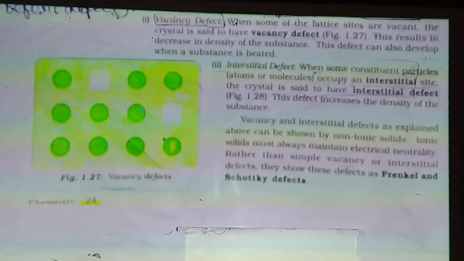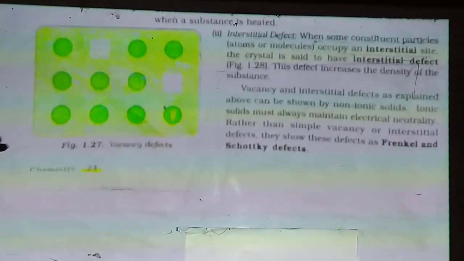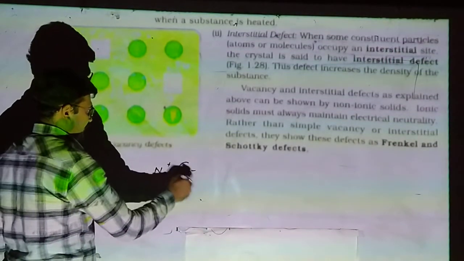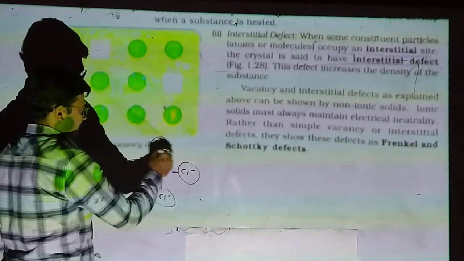Only if your compound is non-ionic do vacancy and interstitial defects occur in it. If your crystal is ionic, ions are combined with each other by electrostatic force.